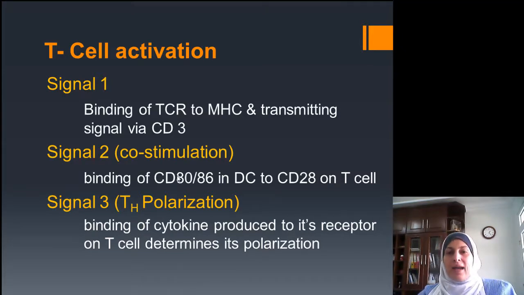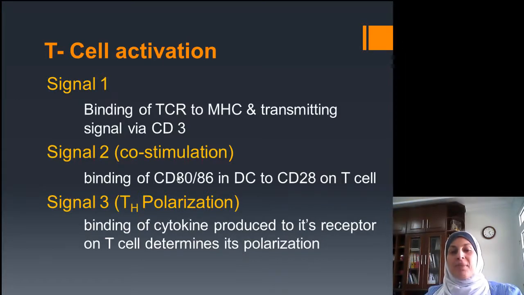A CD4 T cell would require a further step of activation to allow it to differentiate further, or to determine its polarization. Remember that we said that CD4 T cells have the ability to polarize or differentiate into different subcategories.